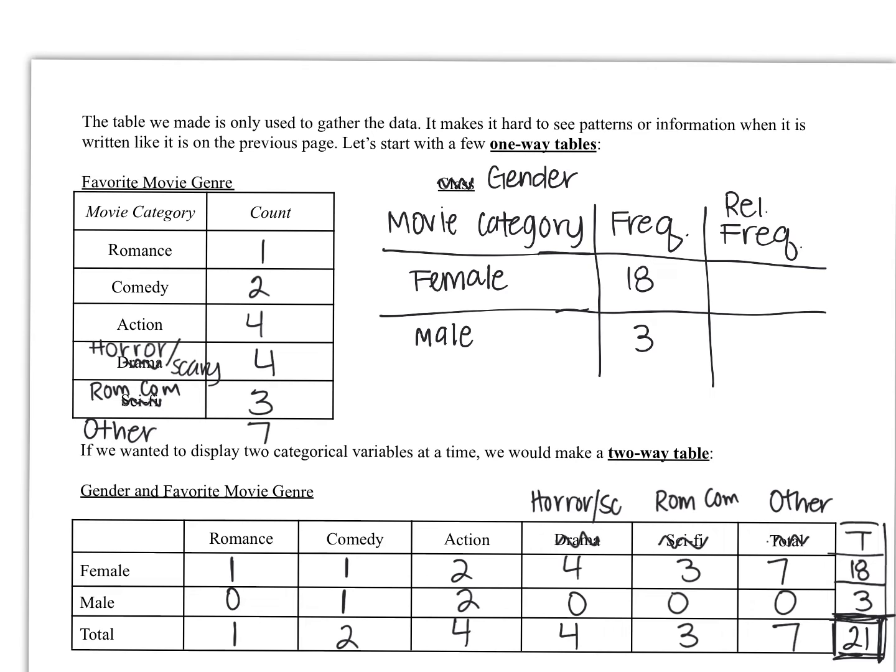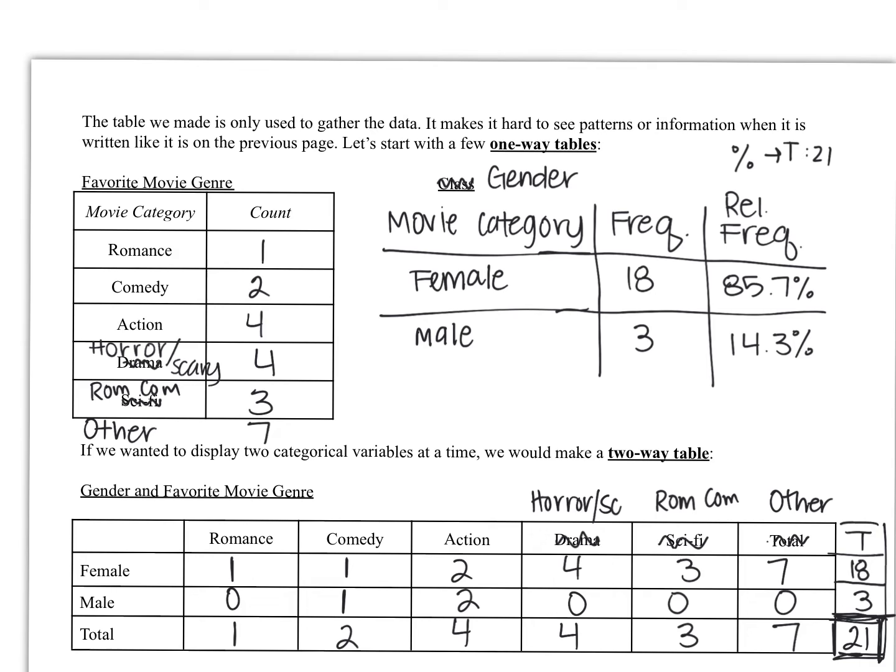The relative frequency is then what percent of the data is represented by that frequency. So if I'm looking at 18, which in this case the total is 21, so I'm looking at 18 out of 21 being female, which is 85.7%. And then for male, that's the remaining percentage that gets us to 100, which is going to be 14.3%.